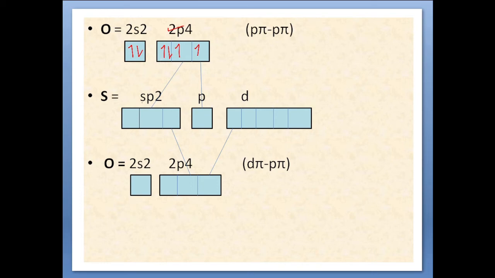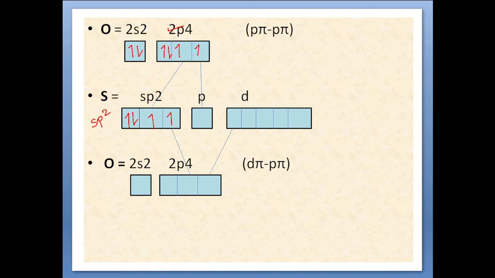The electronic configuration of sulfur in sp2 hybridization state is: one hybrid orbital contains one pair of electrons and two hybrid orbitals contain two unpaired electrons, right?